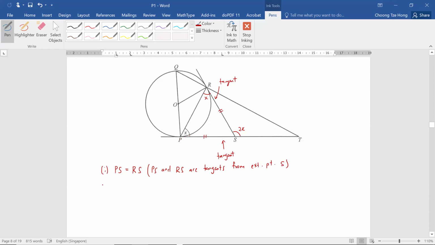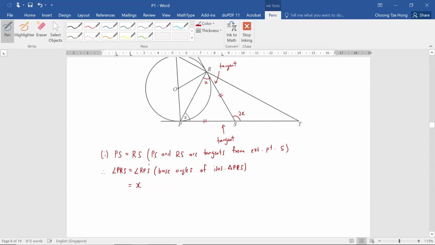Therefore, angle PRS equals angle RPS, because they are base angles of isosceles triangle PRS, and it's equal to x.